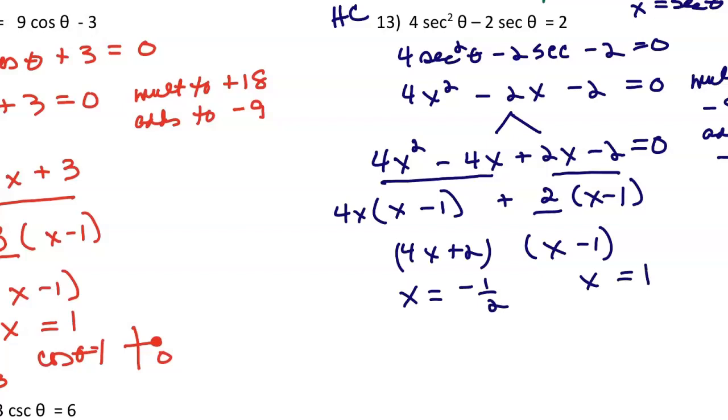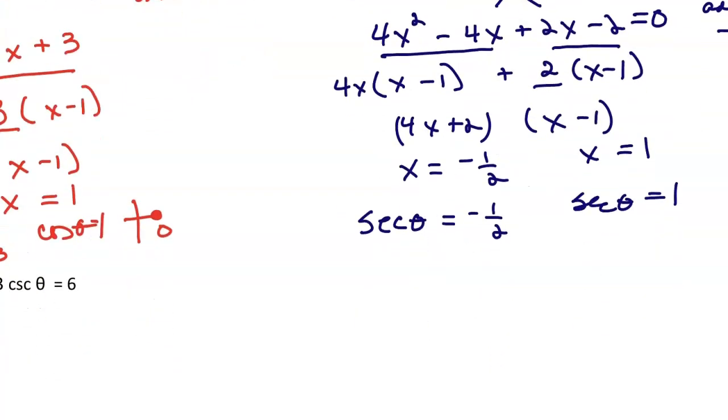Remember, we don't really have negative 1/2. We really have x. We really have secant theta equals negative 1/2, and secant theta equals 1.